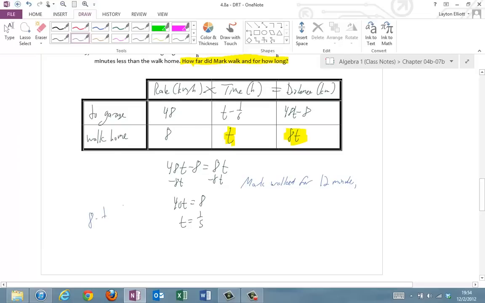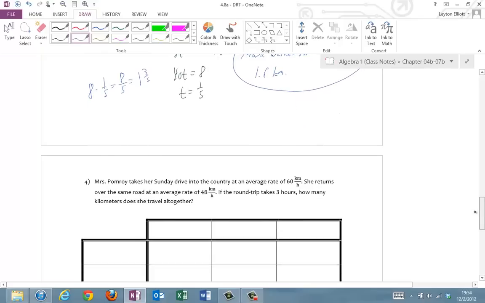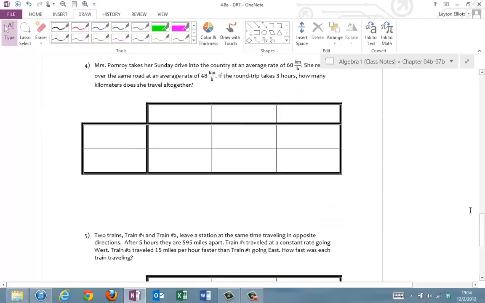So 8 times 1/5 is 8/5 kilometers. We can change that into a decimal because really what we want to do is express this in things that people would know. So that's 1 3/5. Mark walked for 12 minutes, 1.6 kilometers. By the way, 1.6 kilometers is about a mile. A 12-minute mile walk is a pretty rapid walk. Okay.